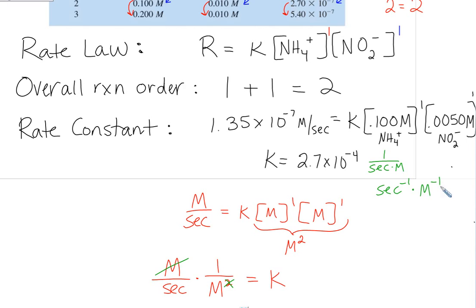The other option, technically molarity is moles per liter, but now we've got the inverse, so you could also say liters per mole second. It's the inverse of molarity, moles per liter per second. Any of those would be acceptable units for your constant.